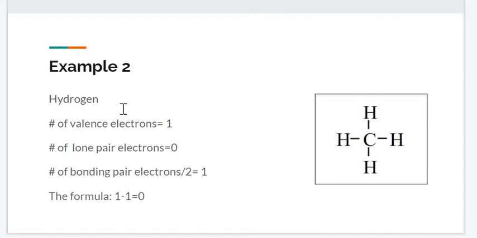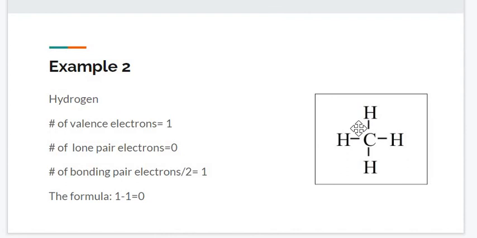Now let us talk about hydrogen. Hydrogen is in group 1, so it has 1 valence electron. As for the lone pair electrons, it has 0. And the bonding electrons, it has 2. 2 divided by 2 equals 1. And once we subtract 1 minus 1, we get 0.